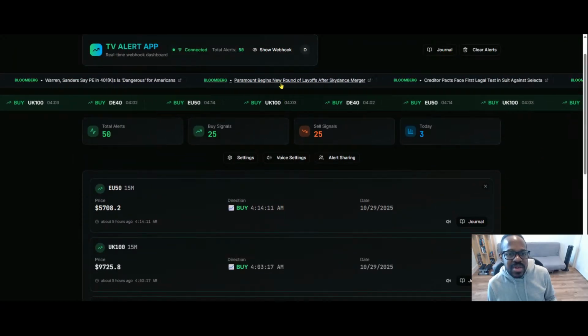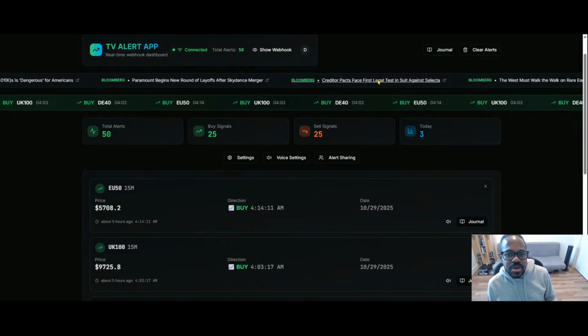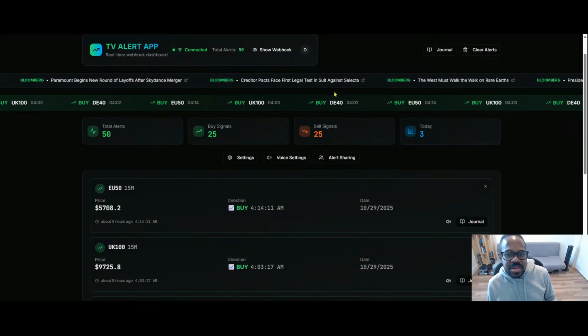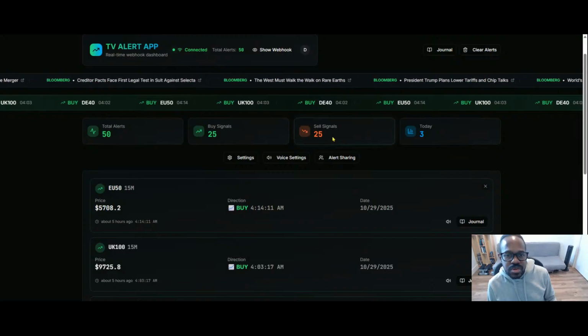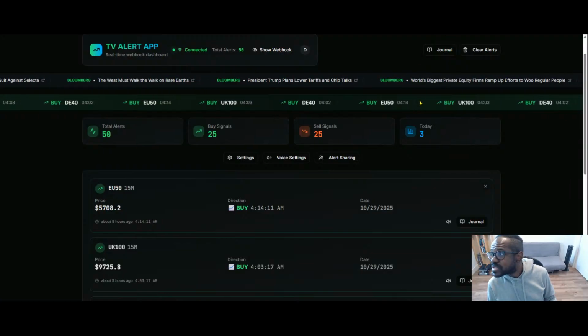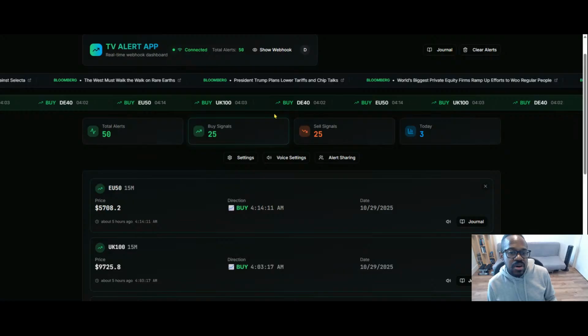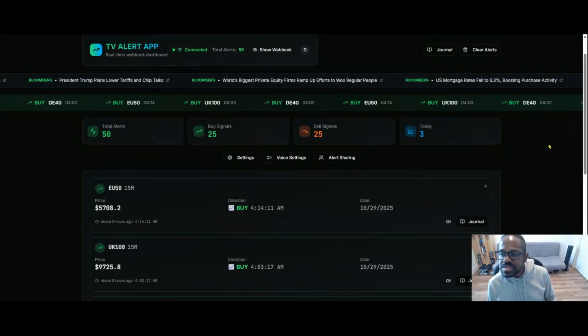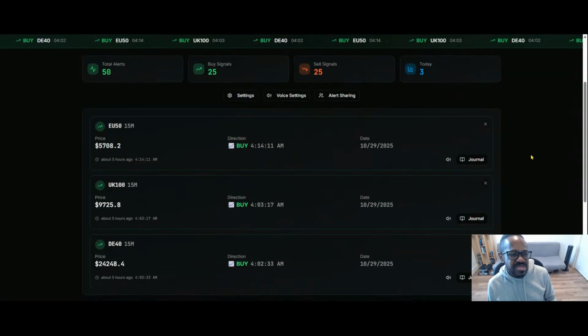At the top you have the Bloomberg ticker. If you want more information about the economy here in the States, the best website is Bloomberg. You have articles that you can click and read while you wait for your signals. Also, you have a ticker of the latest signal that came in, so you see the three I just talked about earlier.